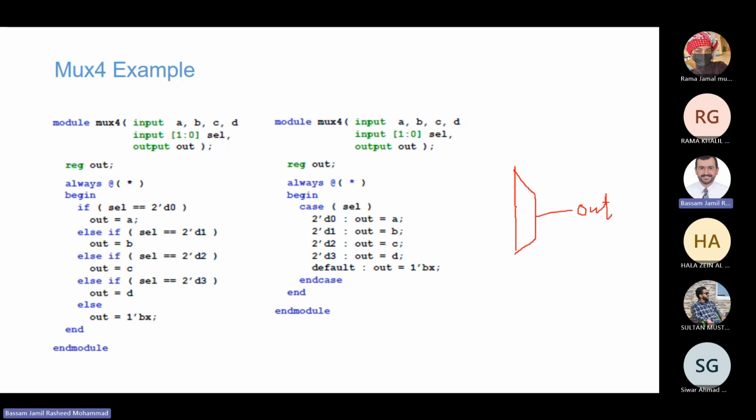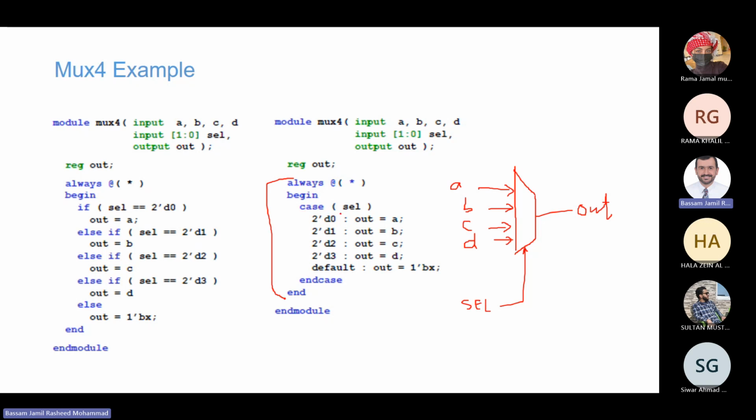And the inputs here, I have A and B and C and D, right? And then I have a select line here. Okay, so now what I'm doing here in this always block, I'm implementing the multiplexer.